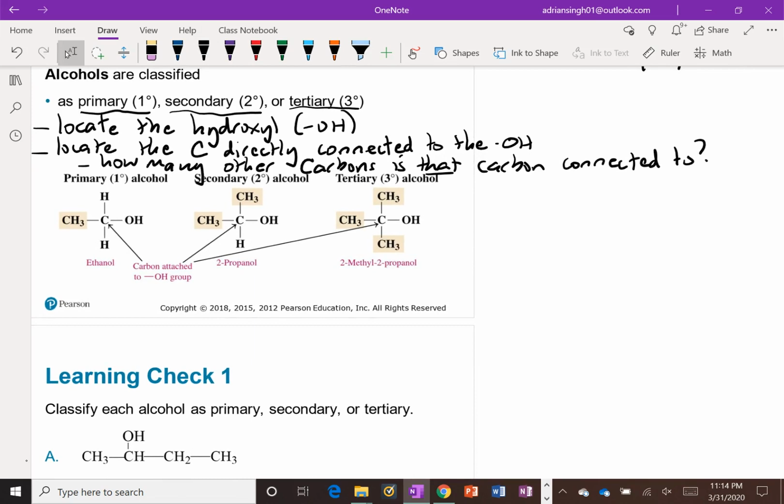So we're going to find the OH. If we look at the one over here on the left, there's our OH, or hydroxyl, and it's attached directly to this carbon here. So that's the carbon that we're going to focus on. How many other carbons is that directly attached to? Well, there's just one other carbon. So if it's 1, then we say that alcohol is primary.